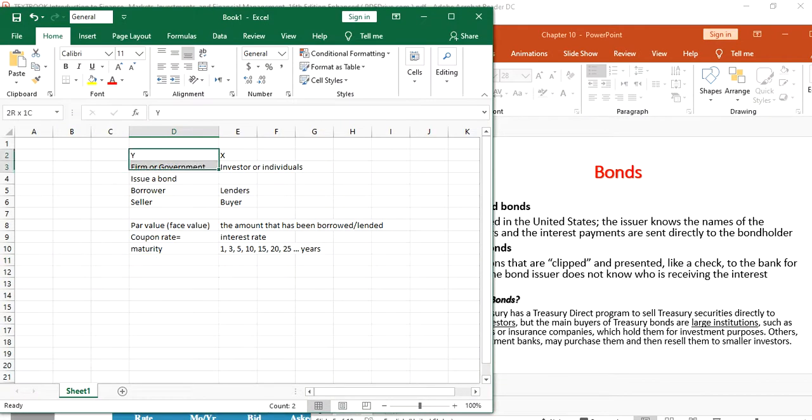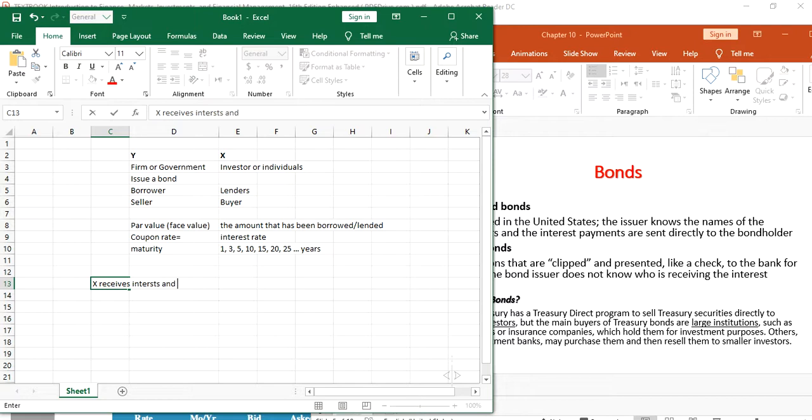So in this example, for example, X receives interest and the principal of face value at the end of the maturity.